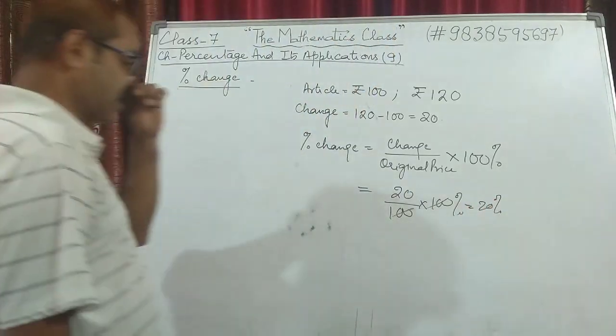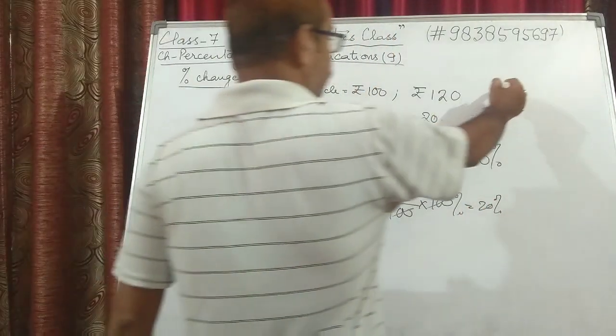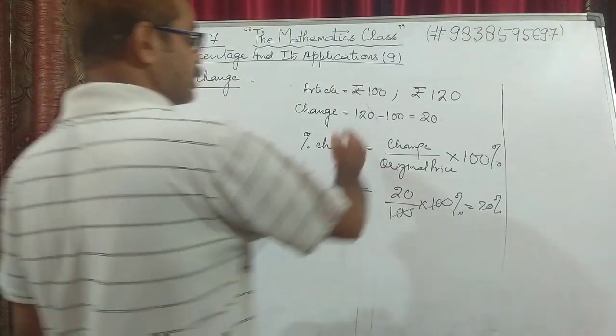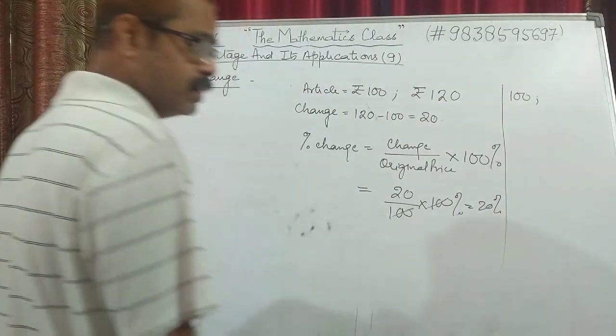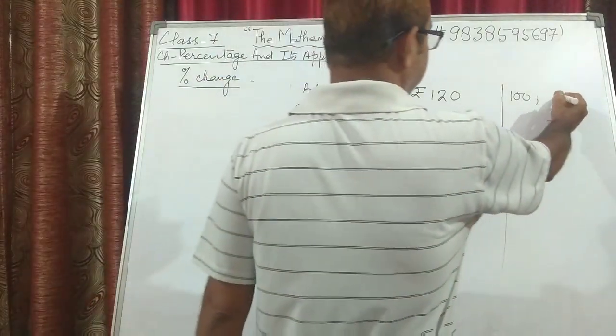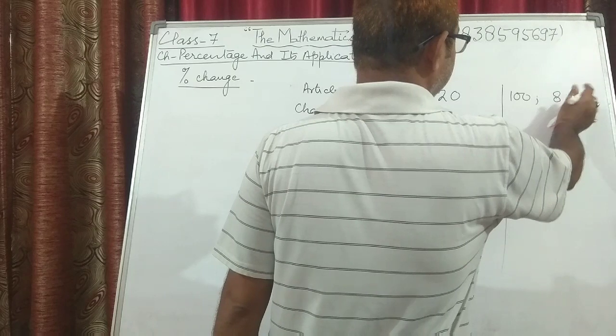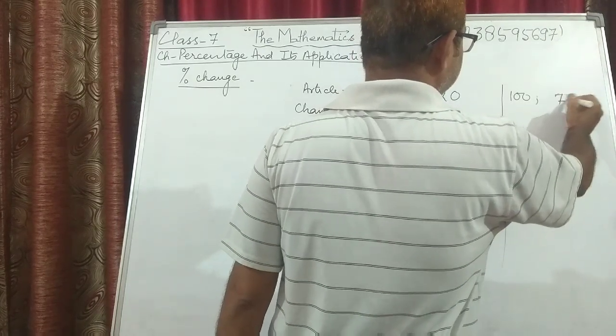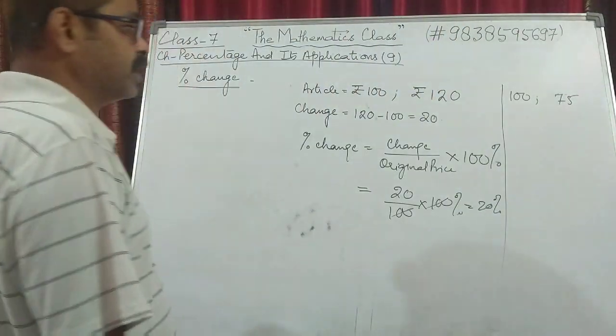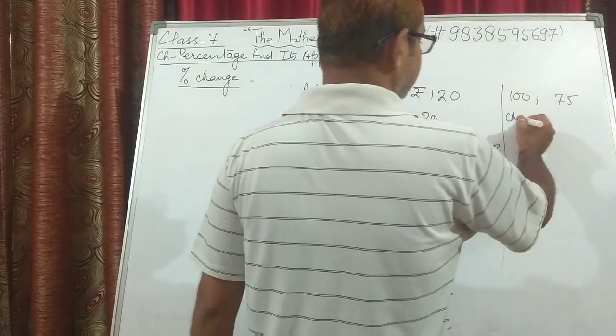Now my next question is, suppose I say that I purchased an article for rupees 100, but now due to some reason its price has decreased to rupees 75. So find the percentage change. So again the change will be what?